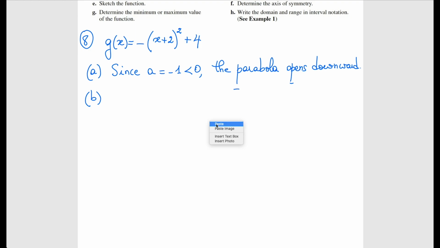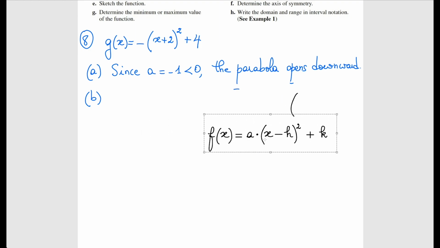All right. So look, if you compare this guy with this guy, the h is this as long as there's a minus here. Well, I have it too, but there's a plus, right? So who should be the h?